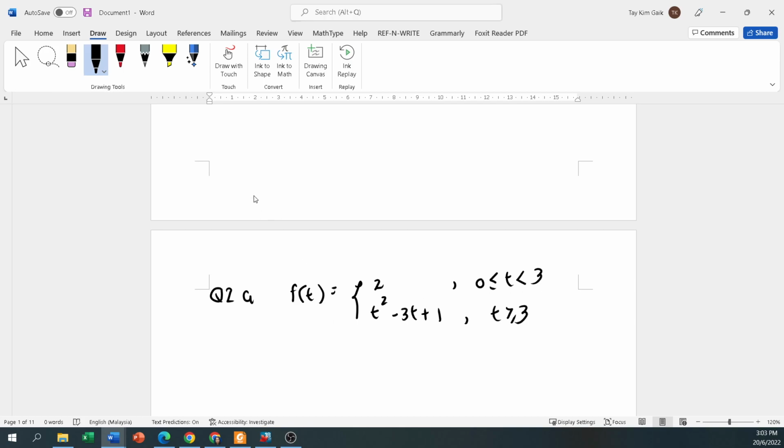This is actually called a step function. Then you can convert it to unit step function. Convert to unit step function.